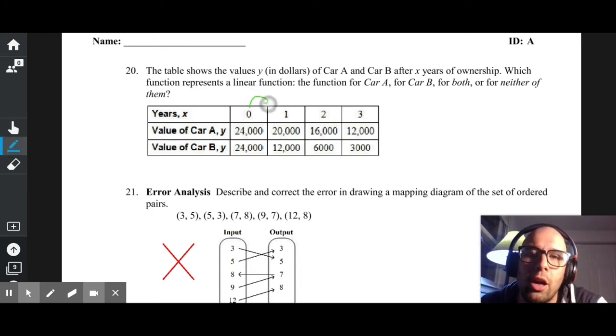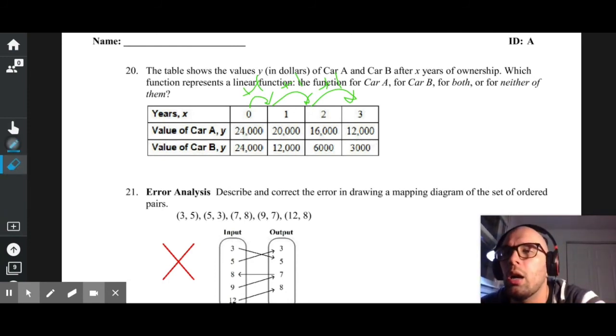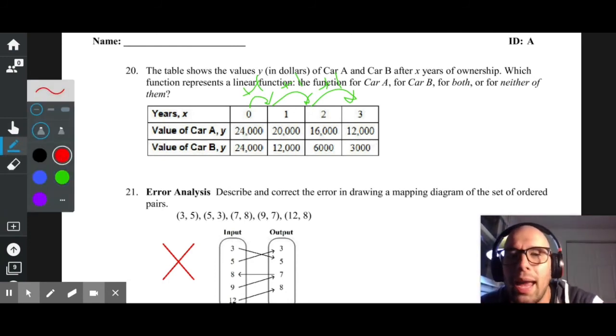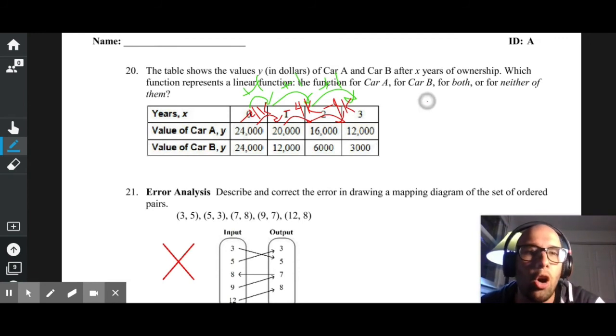For the years here, I'm adding 1 every time. Plus 1, plus 1, plus 1. So there's an obvious pattern right there. For car A, I am going down 4,000, so I'll put 4K, minus 4K, minus 4K. So it looks like car A is linear.